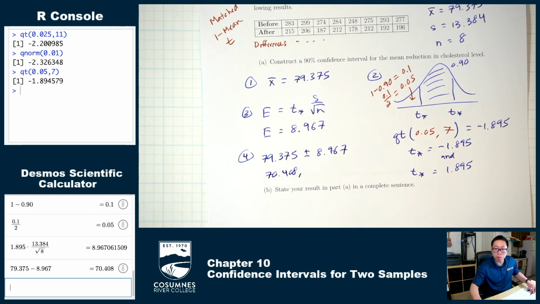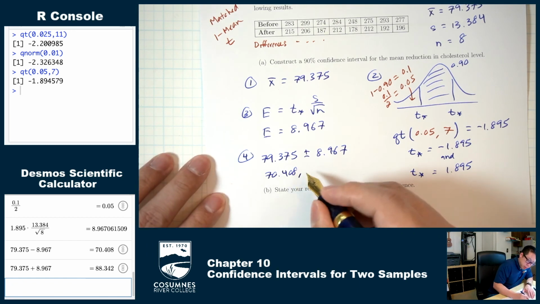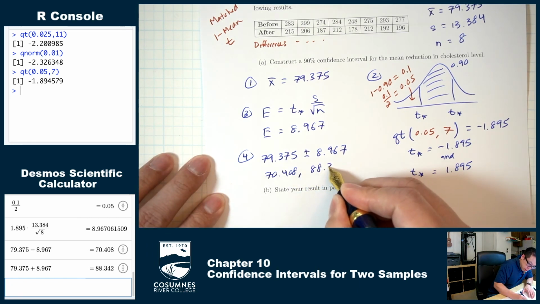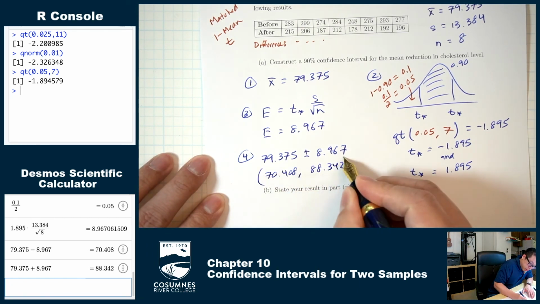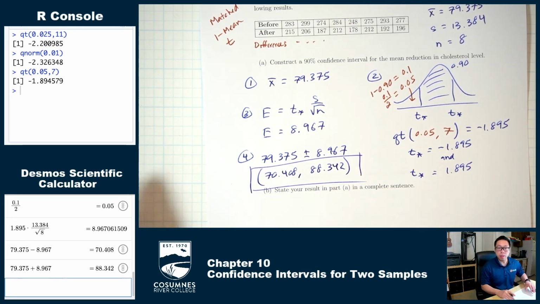And then my upper number, add 79.375 plus 8.967, 88.342. And that is your confidence interval.